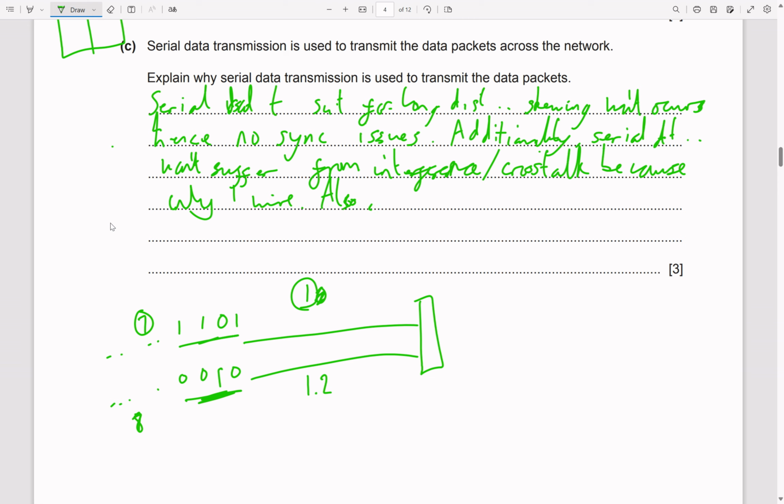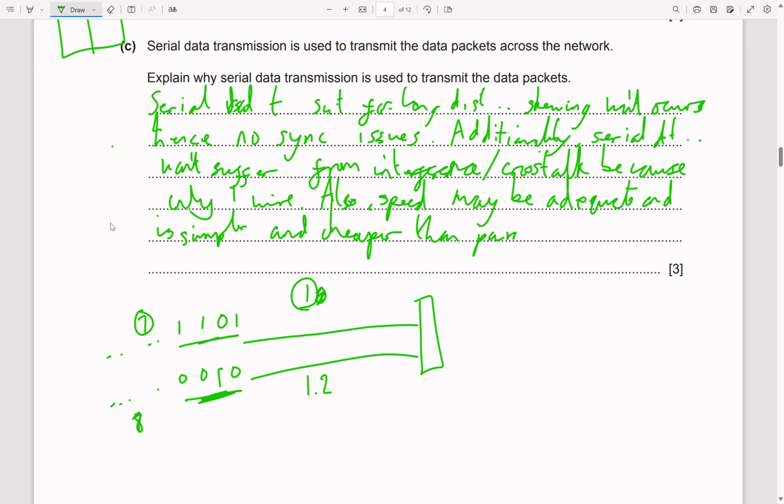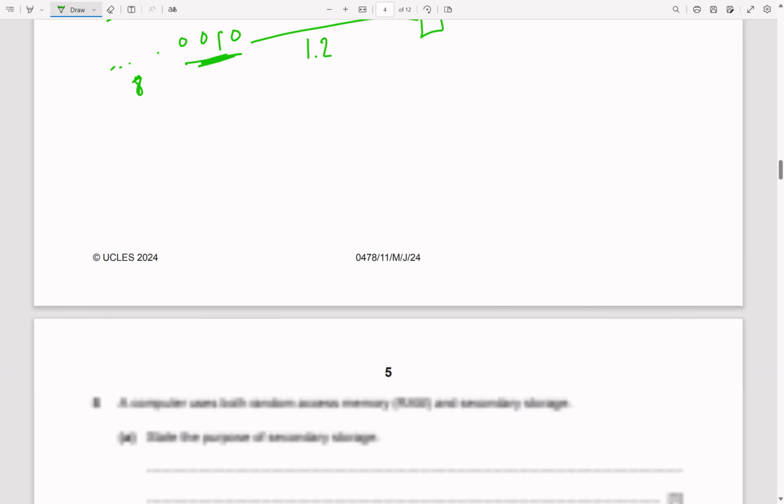So also, let's say speed may be adequate, and it is simpler and cheaper than parallel. Okay, so I think that should be okay.